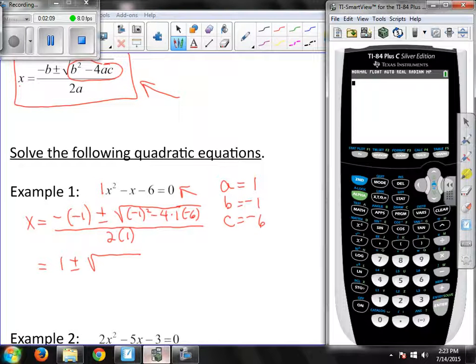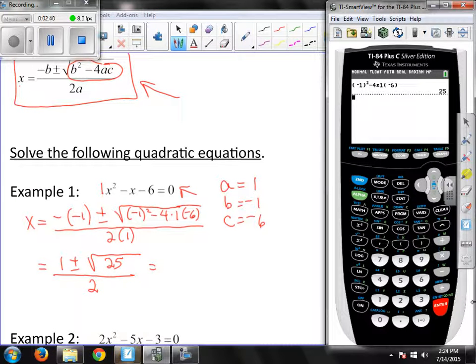So I'm going to bring my calculator up, and I'm going to type it in just pretty much the way I see this right here, using parentheses. Negative 1 squared minus 4 times 1 times a negative 6. Press enter, and I get the number 25. So I'm going to put my 25 under my radical over 2.